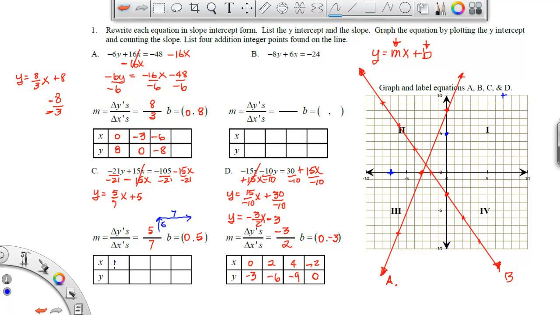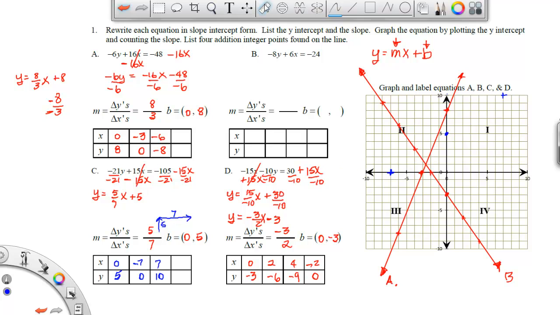So I've got 0 and 5. I've got, looks like, the x-intercept of a negative 7 and 0. And then I have this point up here. It looks like it is 7 and 10. And then I can't find my other point because my graph isn't large enough.